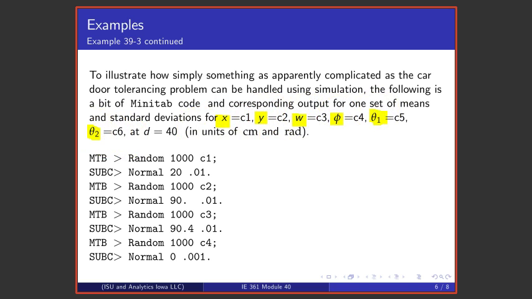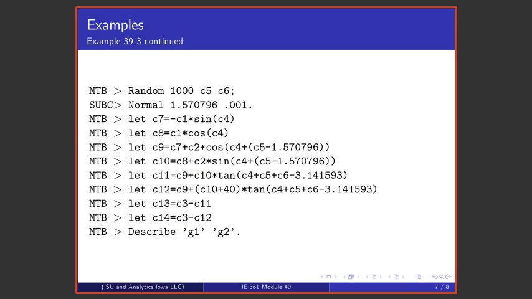And here's some Minitab code for making variables 1 through 6 and simulating normal variables 1 through 6 with means and then standard deviations. So mean 90, standard deviation 0.01, mean 90.4, standard deviation 0.01, and so on.